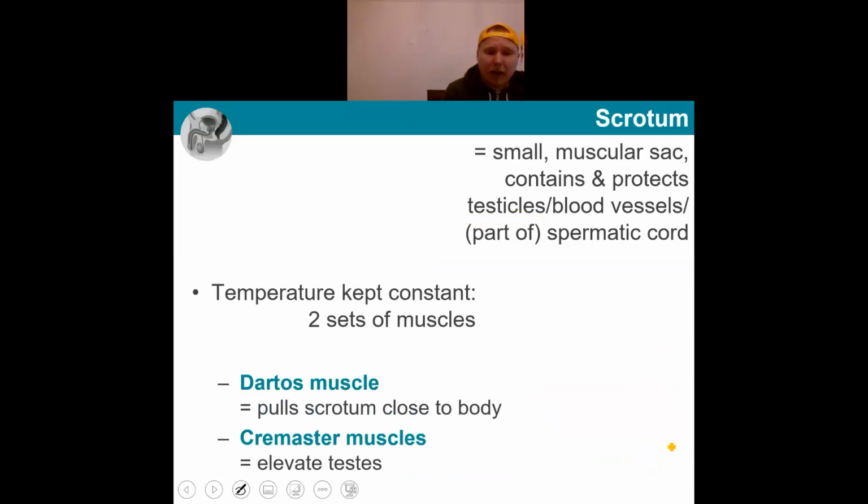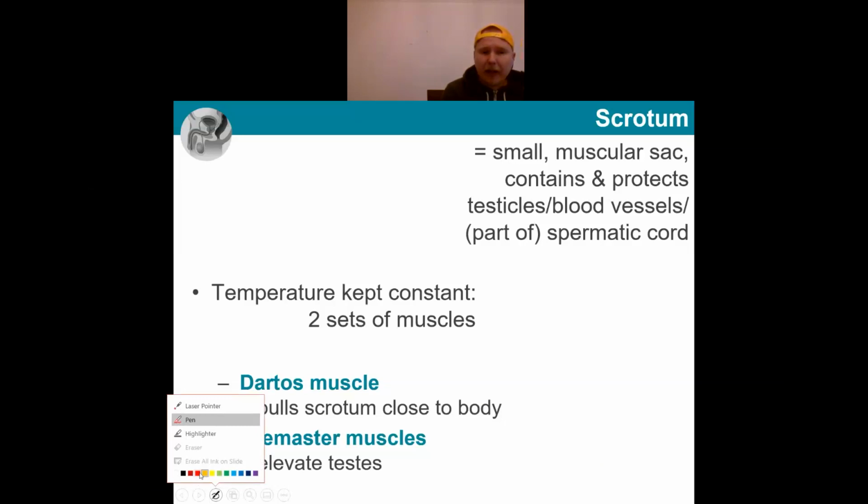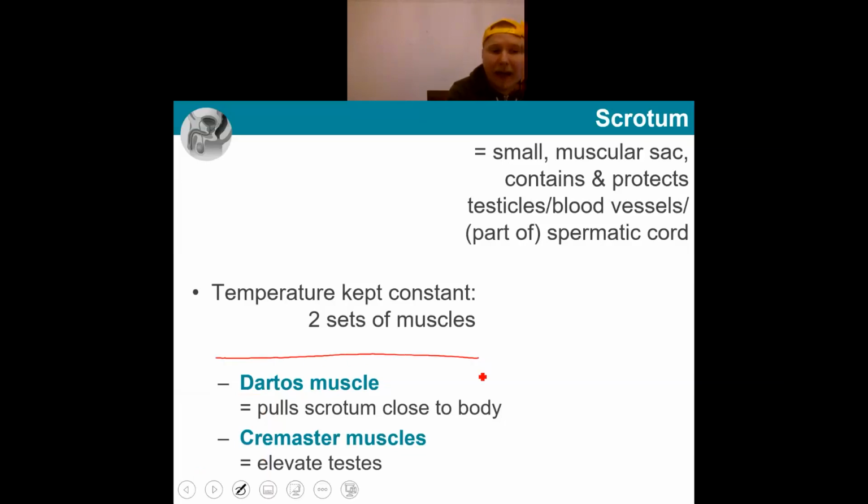The muscles involved here are the dartos muscle, which mainly pulls the scrotum closer to the body, whereas the cremaster muscle pulls the testis closer to the body if necessary. So those are the 2 muscles that relate to there.